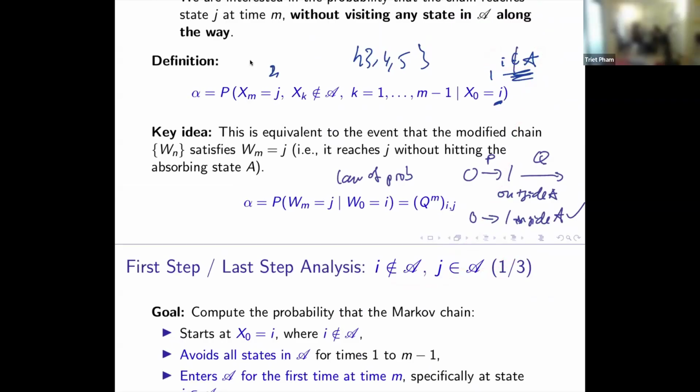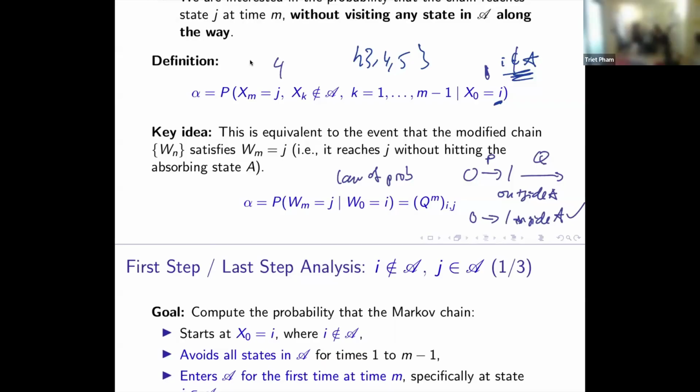But anyway, here, for example, I is legit. I is legit, 1, but J is not. J is 4, for example. Again, the same thing, because the Q matrix does not see state J. Are we okay?